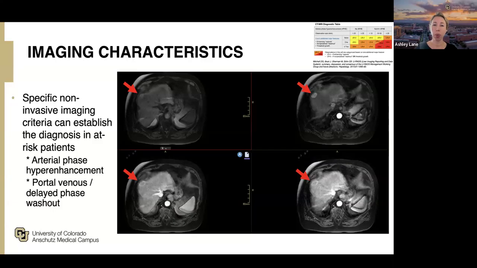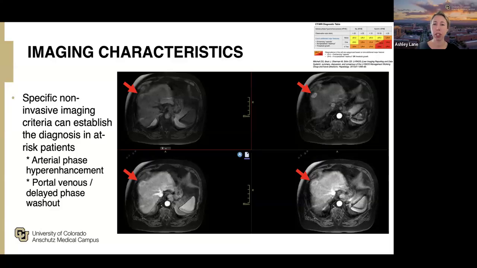So it's really important when you get imaging, especially the contrast enhanced CTs, that you get what's called multiphasic imaging. So that means you get multiple phases. So you need an arterial phase, a portal venous phase, a delayed phase, and typically they get a non-contrast, just baseline scan as well. But you really need at least 3 phases to diagnose. And that's because the lesions light up in a particular way.